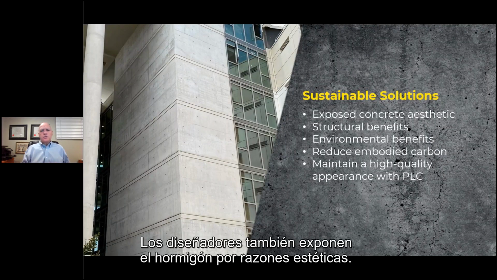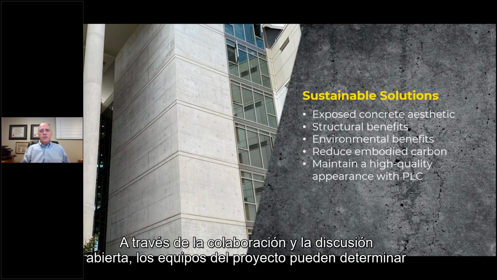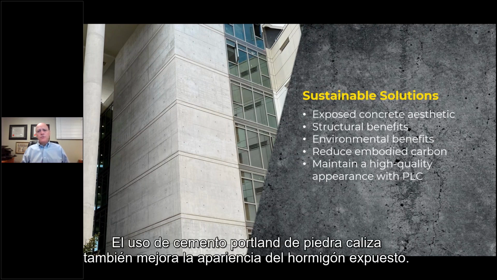The designers also exposed concrete for aesthetic reasons, but took advantage of concrete's ability to absorb carbon dioxide. Through collaboration and open discussion, the project teams were able to determine the aesthetic, structural, and environmental benefits of the concrete. In addition to CO2 reduction, the use of Portland limestone cement also enhanced the appearance of the exposed concrete.